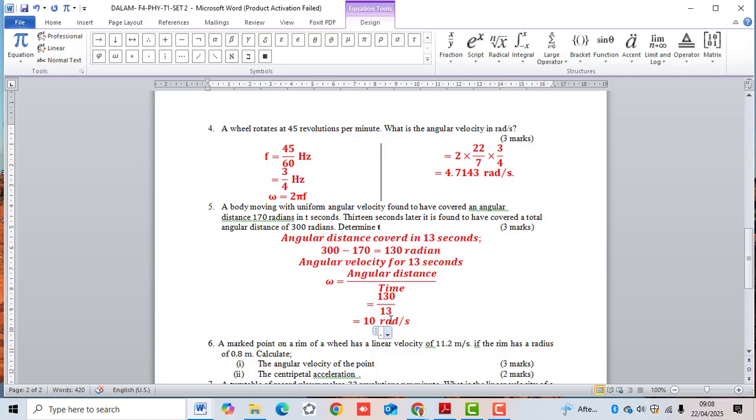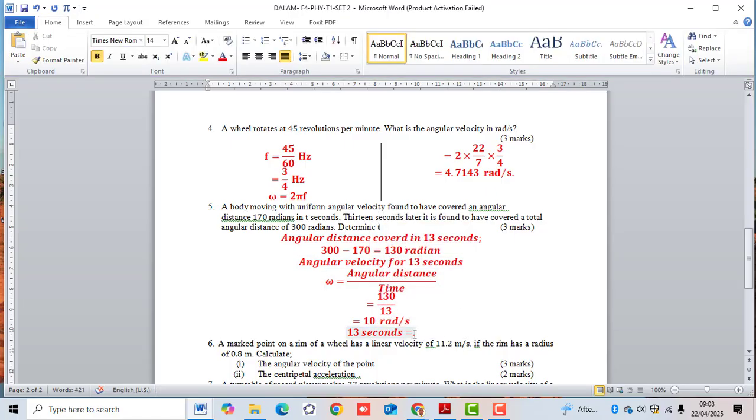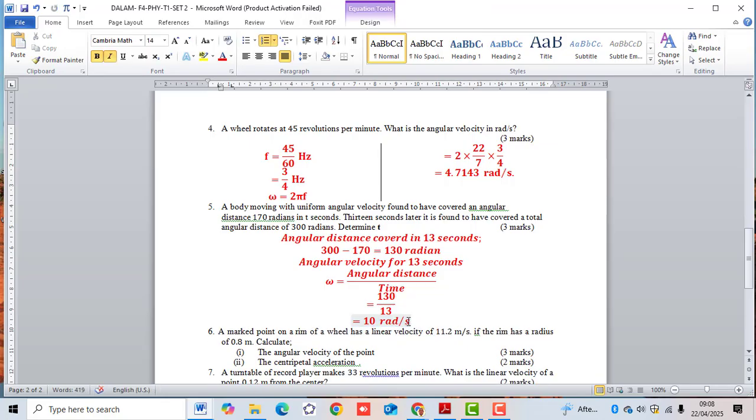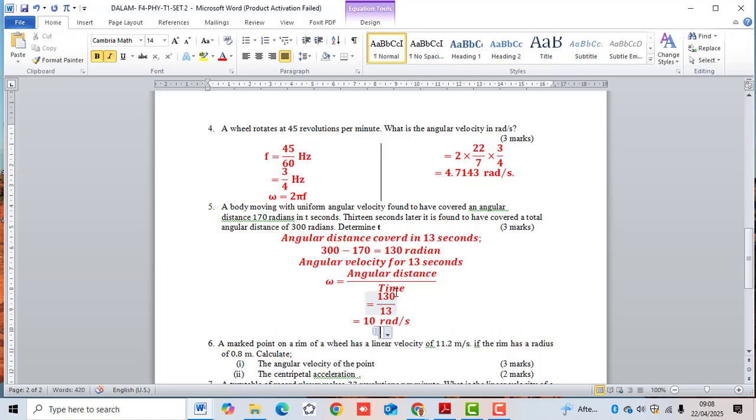So 130 over 13 seconds is equal to 10. It is giving a rate of 10. I have now the angular velocity as 10 rad per second. I have the angular displacement here. I want t.